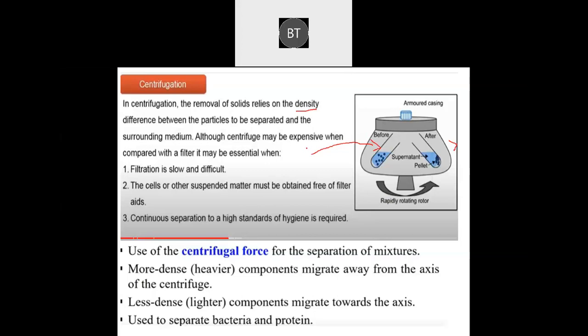You keep adding the materials which you want to sediment. Based on density, they get sedimented, and you can collect your fluid material while the solid material gets deposited here. You can see it very easily: the solid materials are getting deposited, and the supernatant is the liquid. So this is an automatic process.